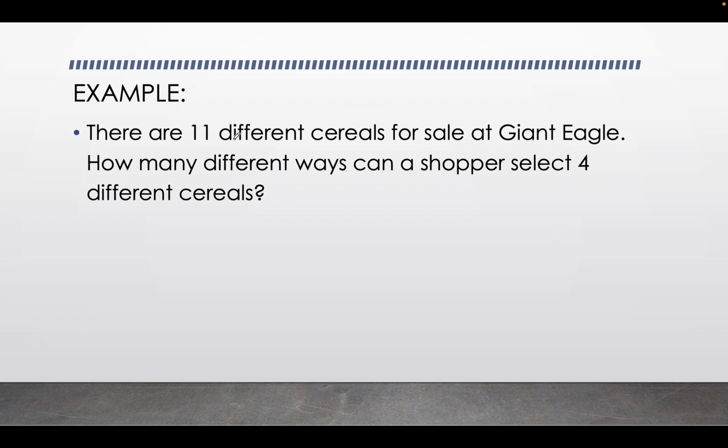If we have 11 different cereals on sale at Giant Eagle, how many different ways can a shopper select 4 from those 11? So 11 is our total n value, 4 is our r value, which is 330 different ways they can pick their cereals.